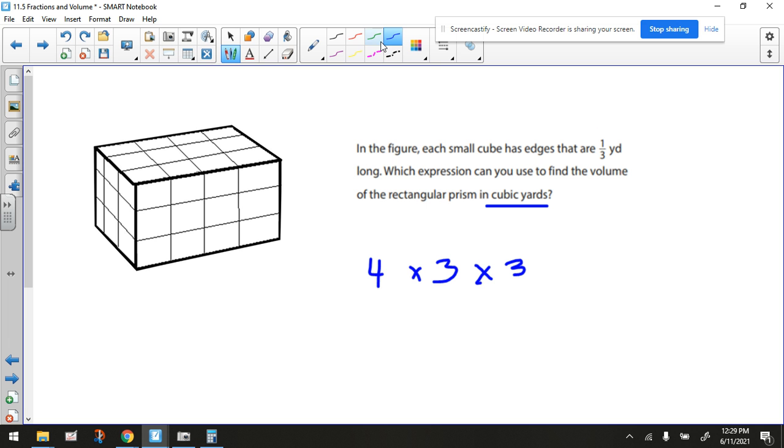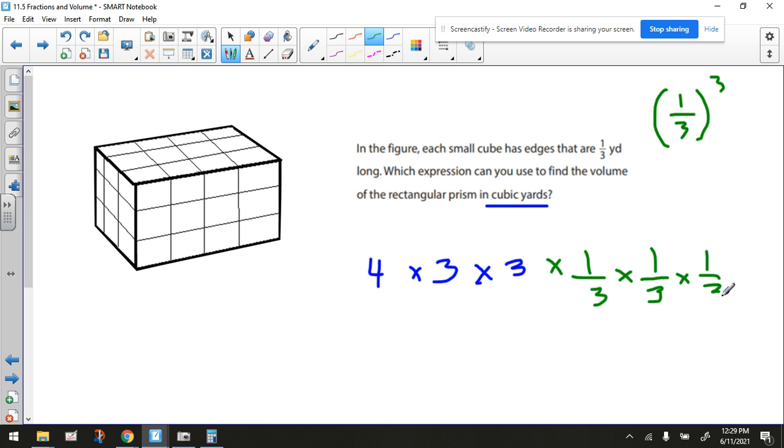Now, if we think about volume as being cubic, if we take this number and cube it, that means a third times a third times a third. So if we're looking for an expression, this is an expression that could be used to find how many cubic yards.